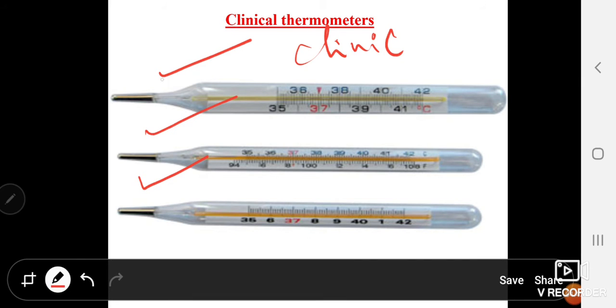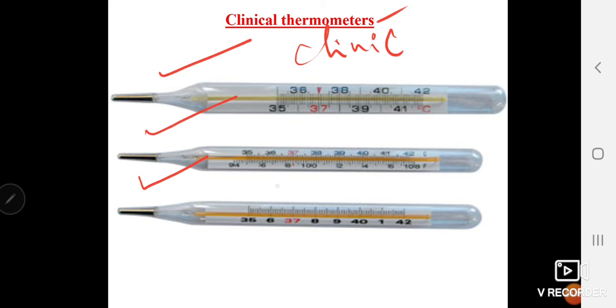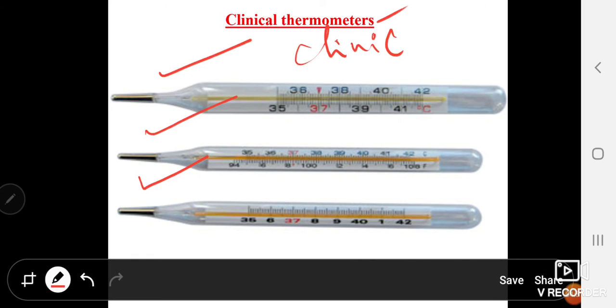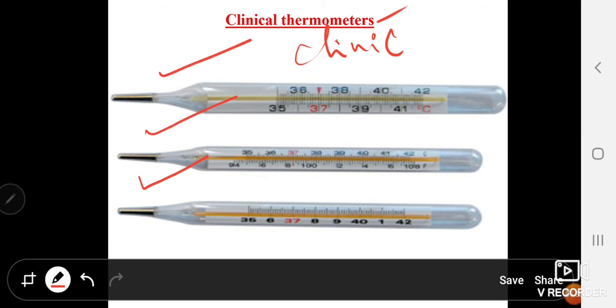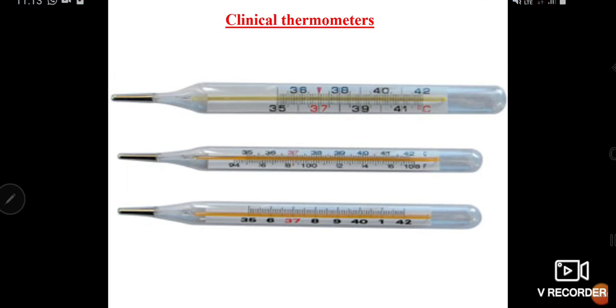Hence these thermometers are called clinical thermometers. So keep in mind, whatever thermometers we are using in the hospitals, that is called a clinical thermometer. So whatever you are seeing on the screen, this is the image of a clinical thermometer.